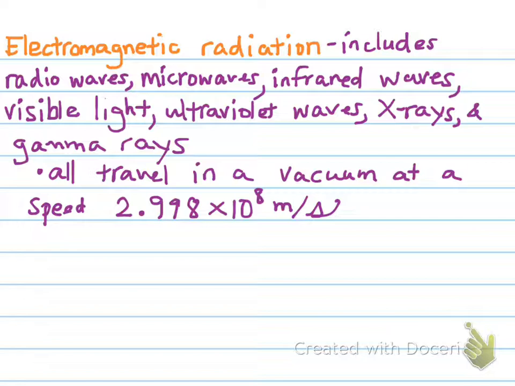So right now, all electromagnetic radiation travels in a vacuum at exactly the same speed, 2.998 times 10 to the 8th meters per second. So remember, that is pretty fast. But for light to reach from the sun to the earth, remember that's 8 minutes. So even though that light is moving at 2.998 times 10 to the 8th meters per second in outer space, it still takes 8 minutes for that light to reach us here on Earth.